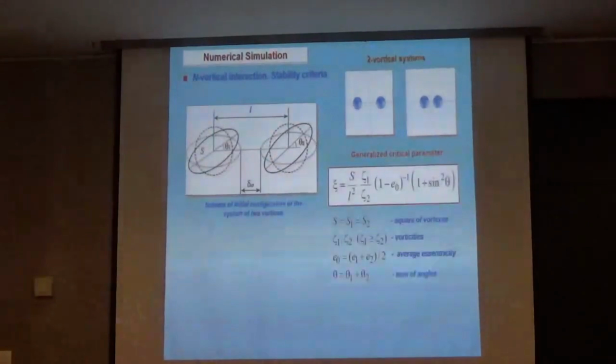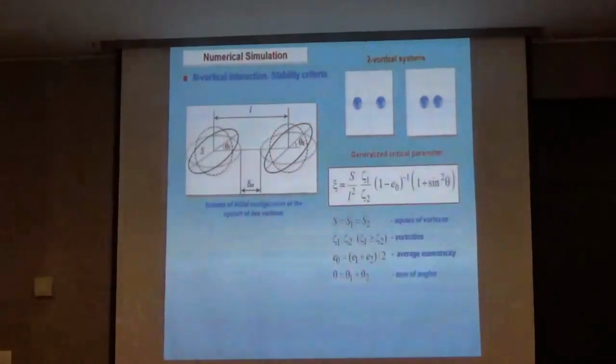Let's consider our results on the n-vortical interaction. The left picture shows a scheme of the initial configuration of the system of two vortices.